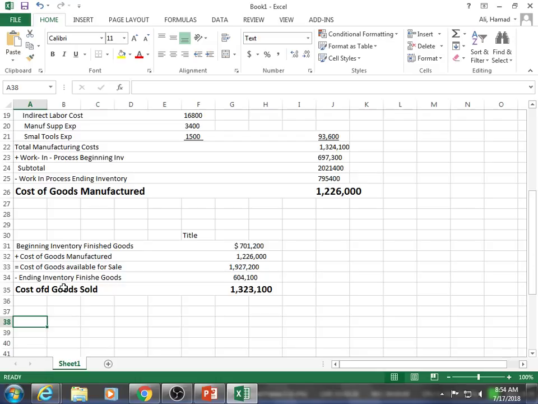Now if you want to do your income statement, do we have sales revenues here? No. So you're going to do your sales revenue minus cost of goods sold, equal gross profit. Then you minus your operating expenses, with the two categories if you have them. And that will give you net income.